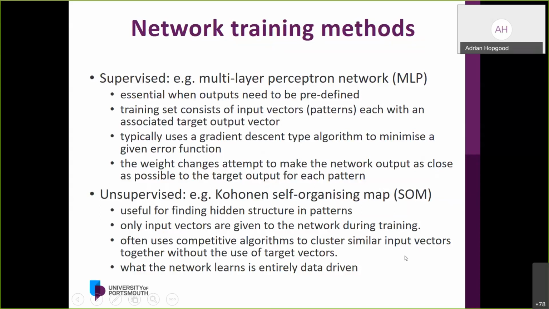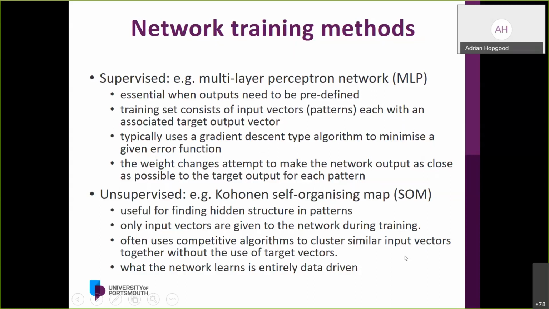Unsupervised, you don't know the associated class. What you're actually doing is letting the neural network find the clusters for itself. So it's finding data that are in some way similar to each other. It clusters them together into its own classes. You're not telling it what the classes are. So those are the two main broad categories of training methods in neural networks.